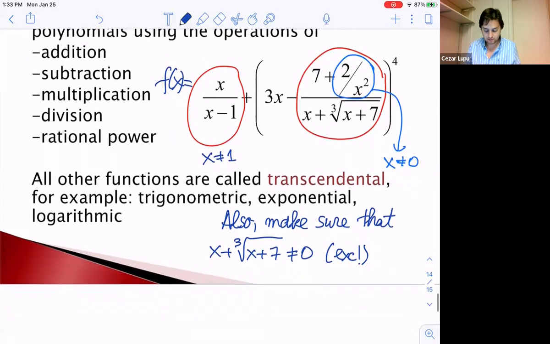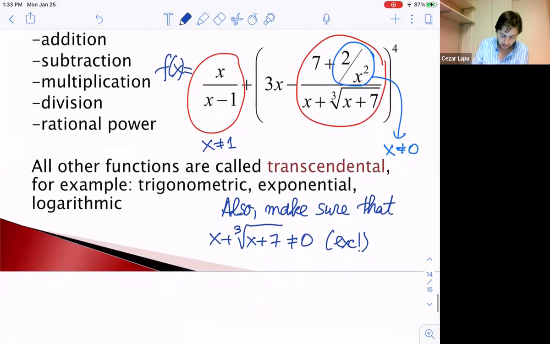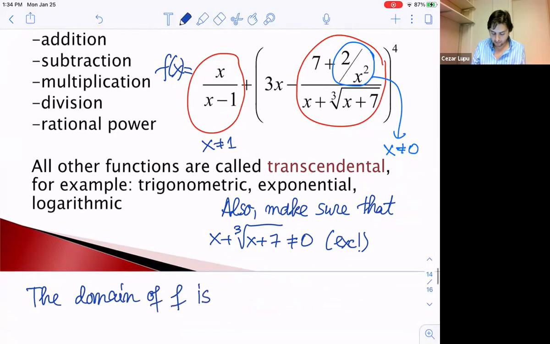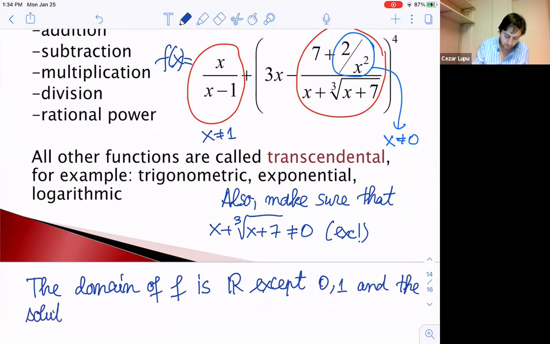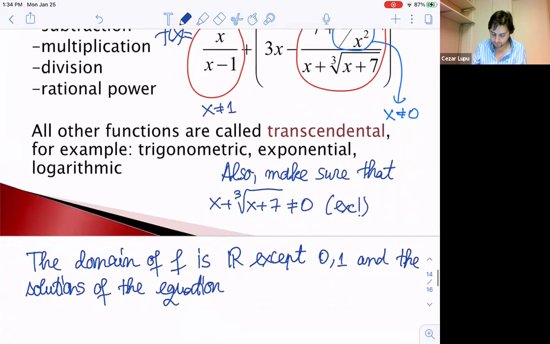So let's write this. The domain of f is R except 0, 1, and the solutions of the equation x plus cube root of x plus 7 equals 0.